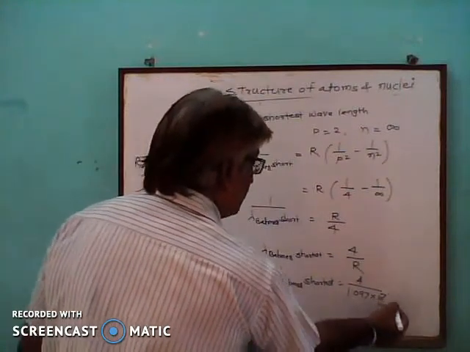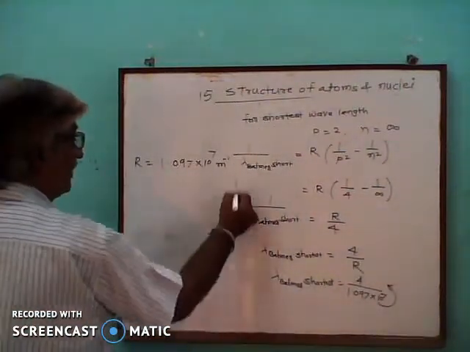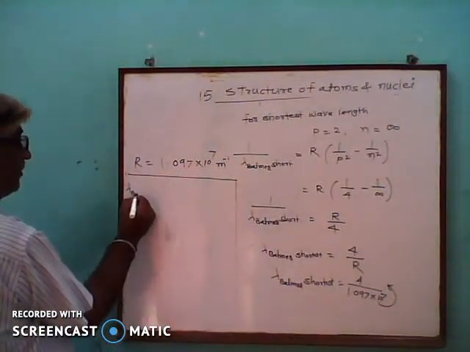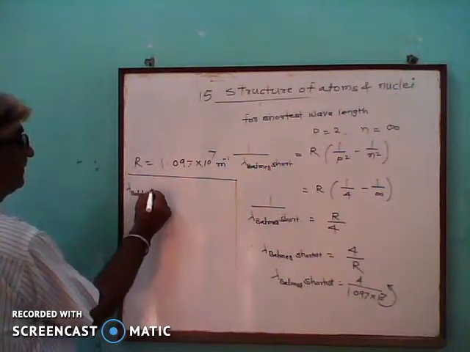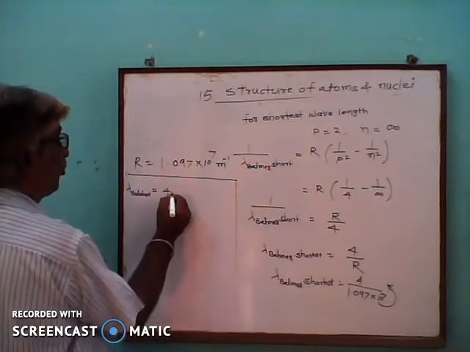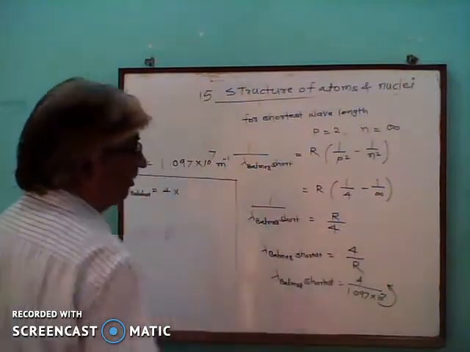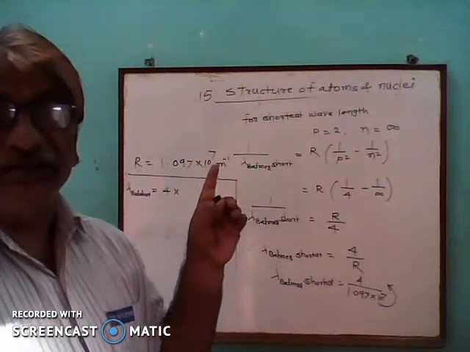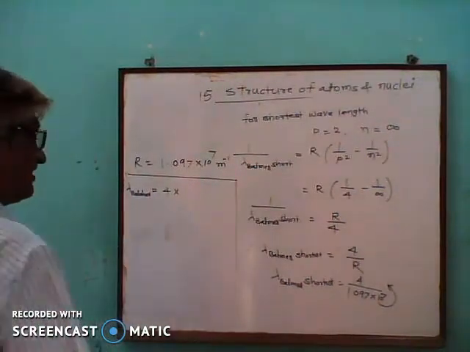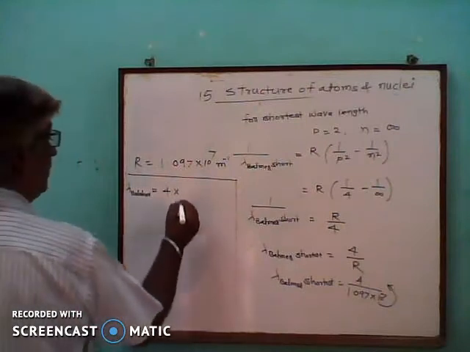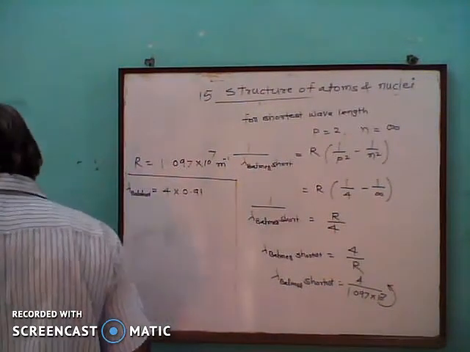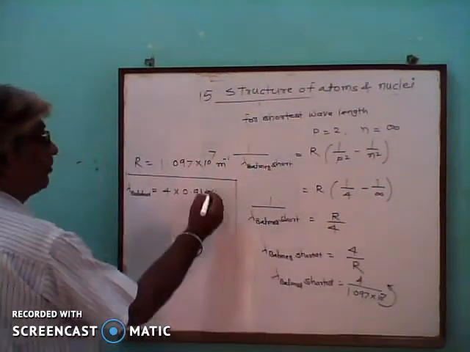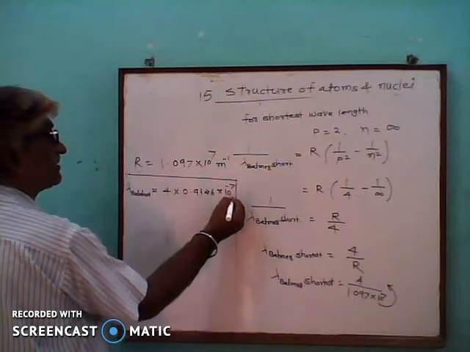Taking 10 raised to 7 to the numerator, we find lambda Balmer shortest. 4 into the reciprocal of 1.097, its value will be 0.9146, and 10 raised to minus 7 meter.